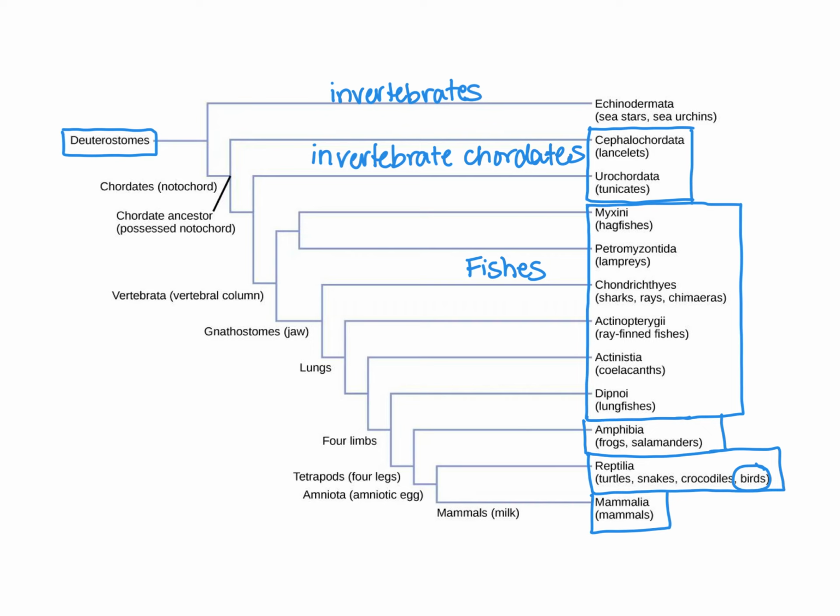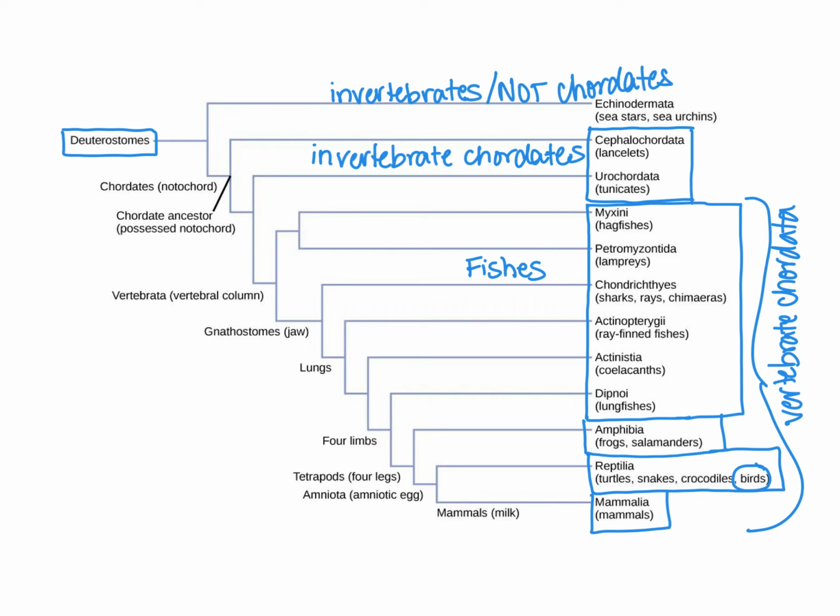And remember that all of them here are the true vertebrate chordata. And I should clarify that echinoderms are invertebrates. They're also not chordates. All right, so they are included here because they share this common ancestor and they share this common characteristic of being deuterostomes, but they are not chordates. These are invertebrates that we talked about in the invertebrate lesson.